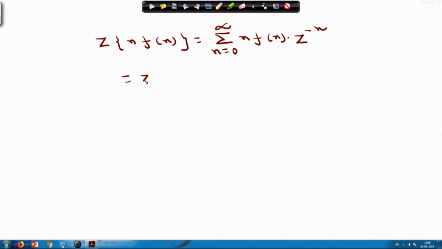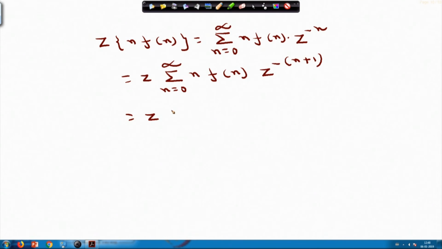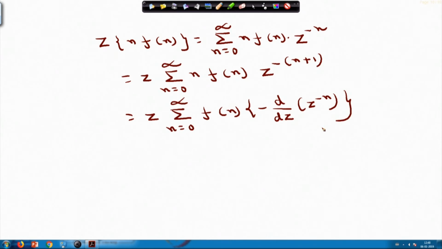This equals, I can multiply by z here, summation over n equals 0 to infinity n f(n) into z to the power minus n plus 1. So that is z to the power minus 1, and I have multiplied by z. So this equals z times summation n equals 0 to infinity f(n) into minus d/dz of z to the power minus n.